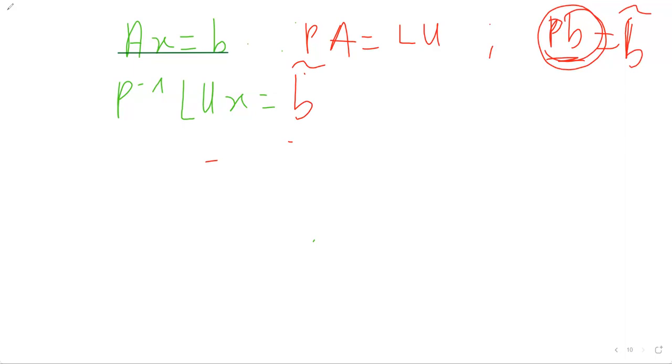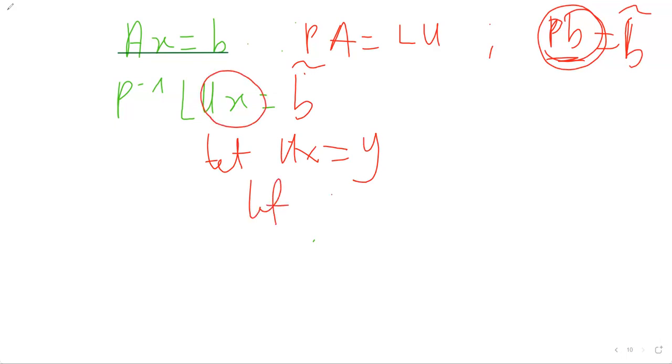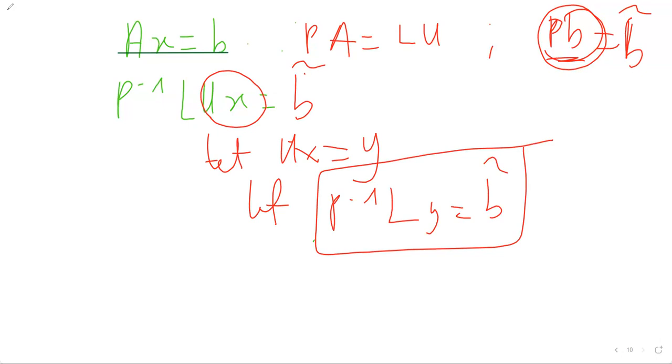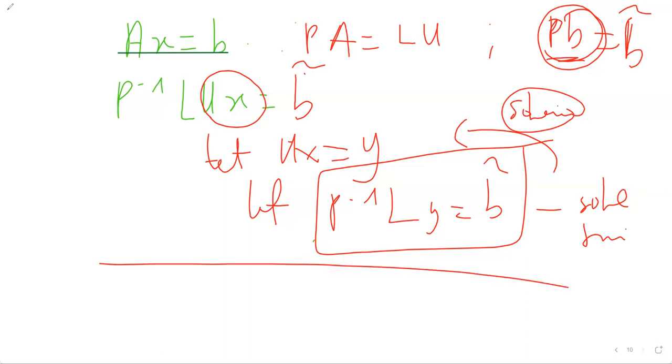Again, you can go through the same process. Let UX is equal to Y, and then let P inverse of L of Y is equal to B tilde, and then you solve for X. You solve here first, and then go back and solve second, backward. So this is the whole idea of the permutation matrix.